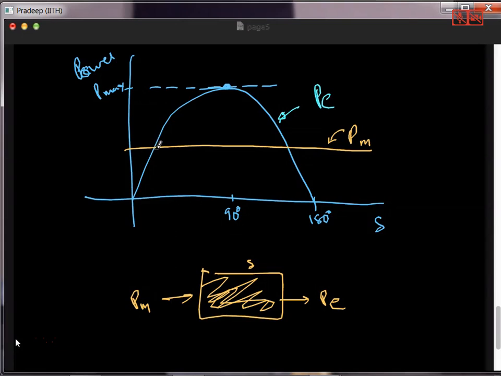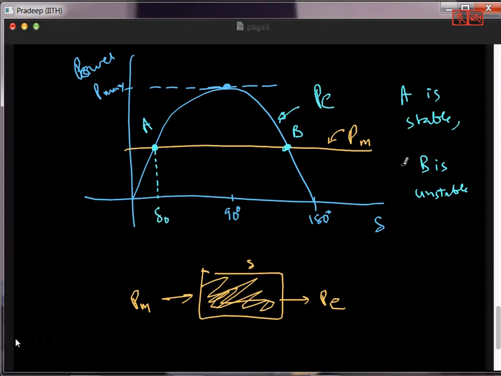So PM equal to PE is this point, and PM equal to PE is also this point. Let's denote this as delta naught. Out of these 2 points A and B, which point is stable? A is stable, B is unstable.